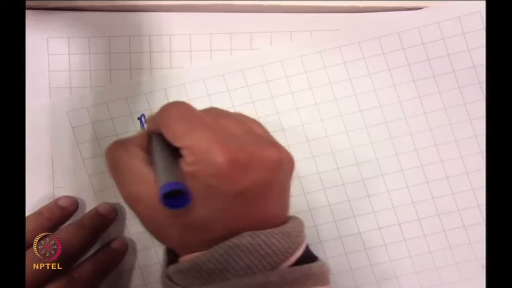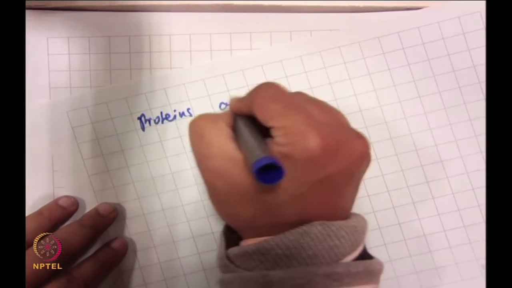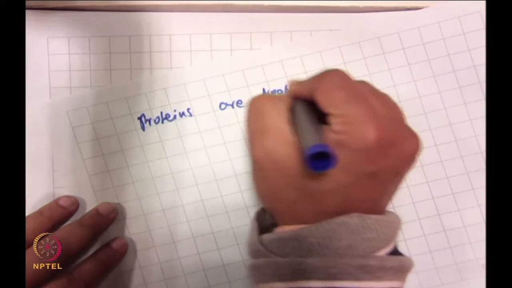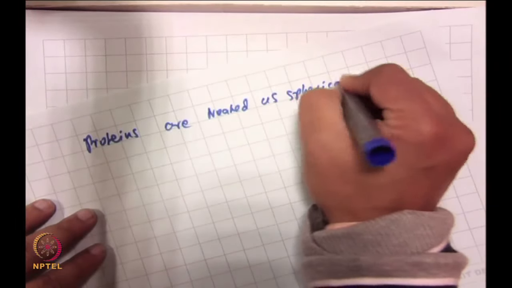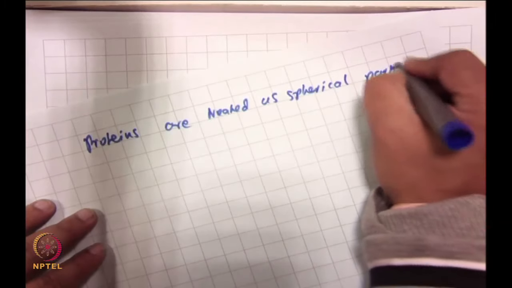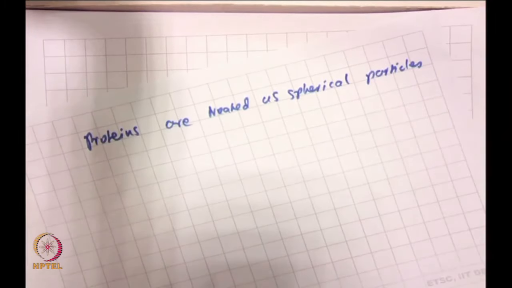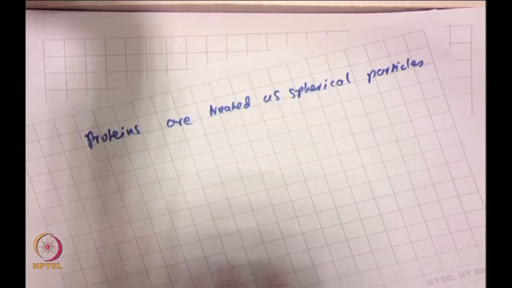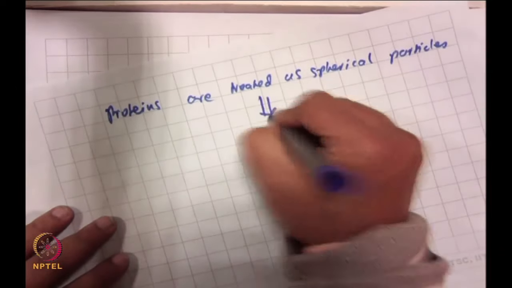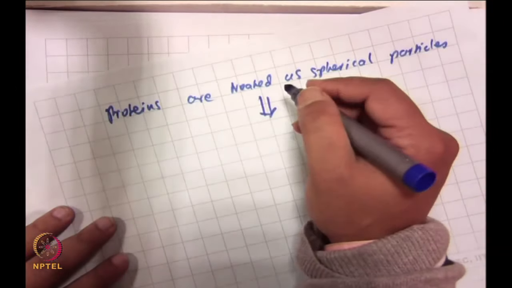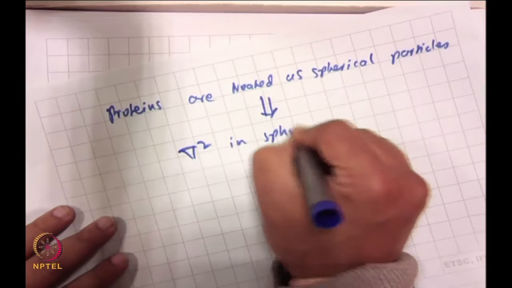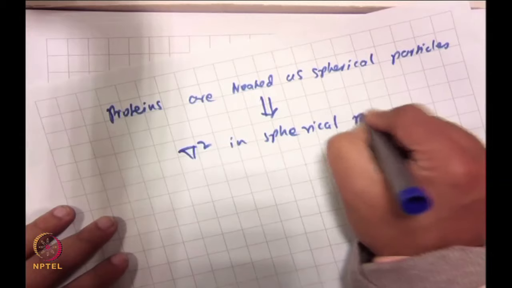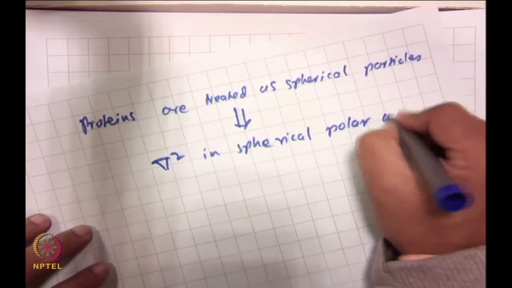Because proteins are approximated as spherical particles, right? If proteins are approximated as spherical particles, I better do a conversion of my del squared in spherical polar coordinates.